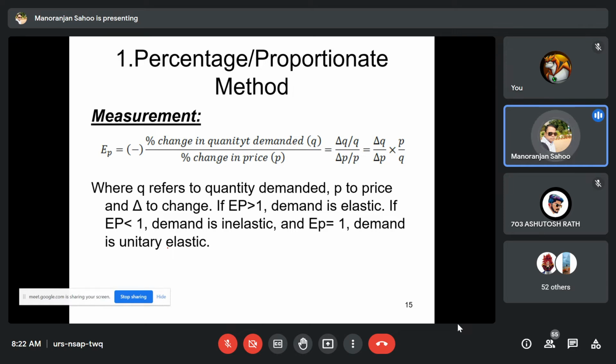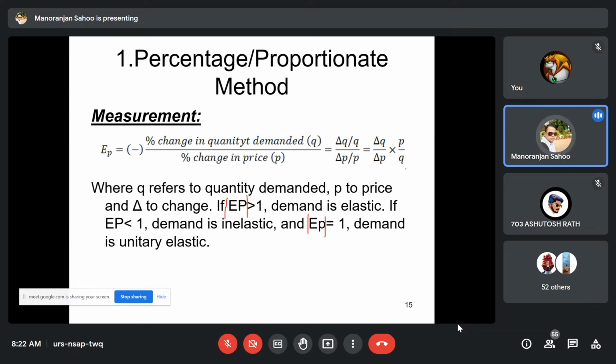So the price elasticity will always be negative. As we have to compare this value with one in order to know the degree of elasticity, we always have to take the mod value of the elasticity to compare with one.